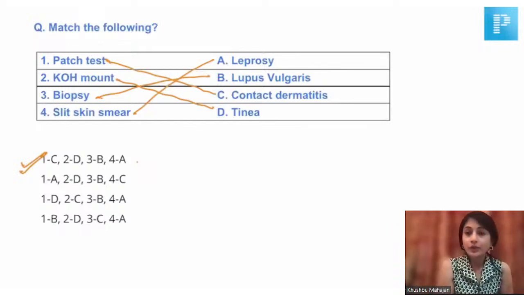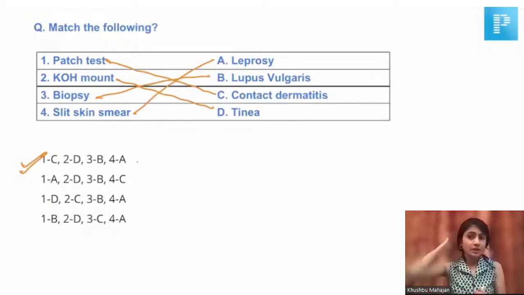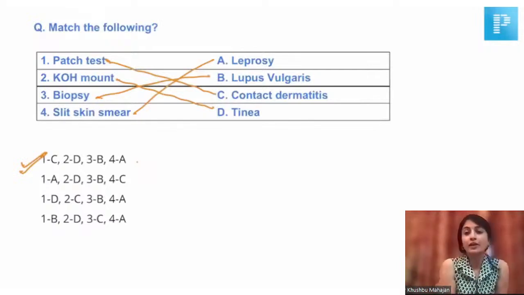So I'll wait for another minute. Please tell me if there are any more questions which were asked or any other topics that you remember. There was nothing from pemphigus or hair loss. Usually these are the common things which are asked. So was there something from pemphigus group of disorders or from hair loss?